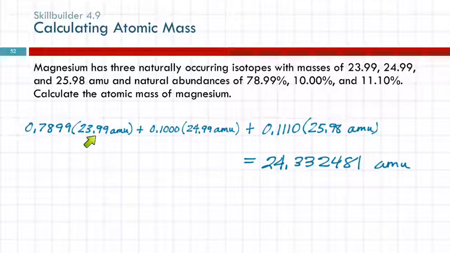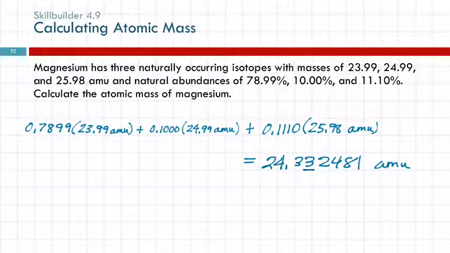These all had 2 decimal places, and so that suggests I should round this to the 2nd decimal place. And then I also need to consider the percentages, because if they had given me 79% with only 2 significant figures, then that would have an impact on my final answer. But these all had 4 significant figures, and so ending up with 4 sig figs here is entirely reasonable.